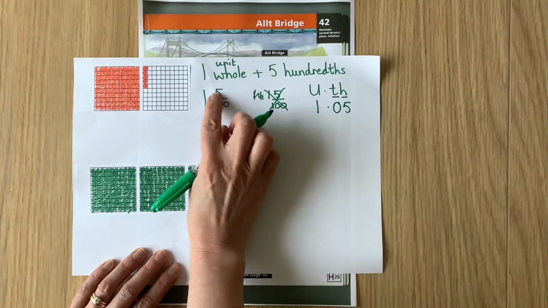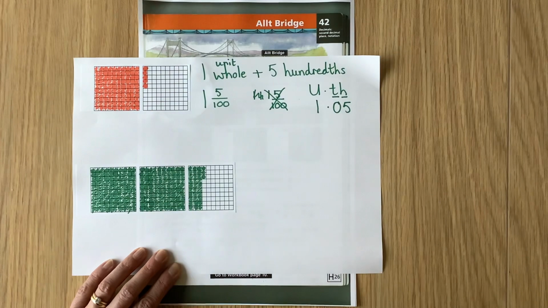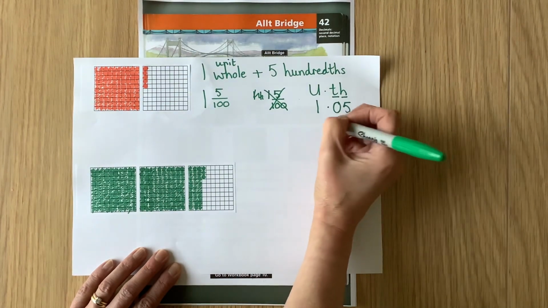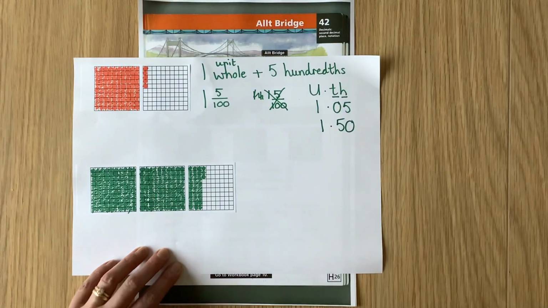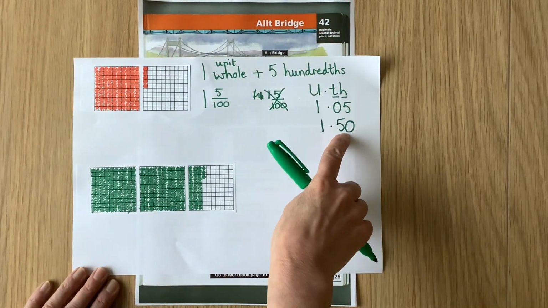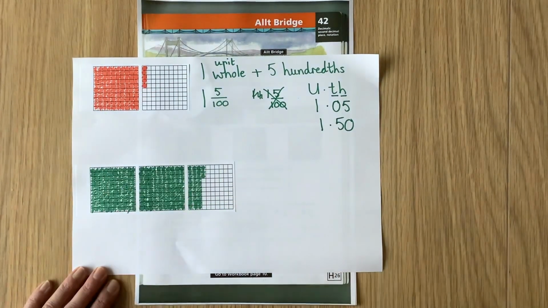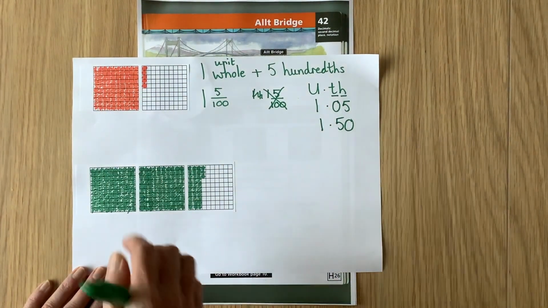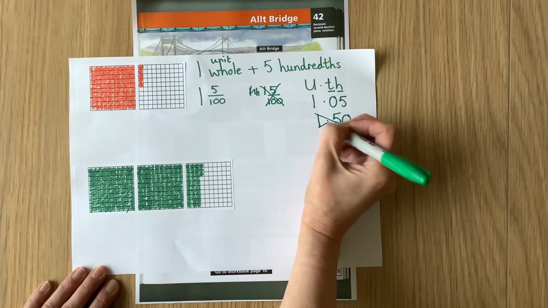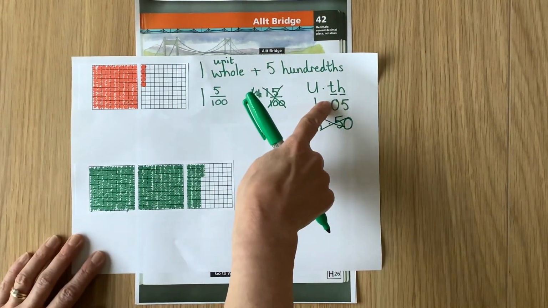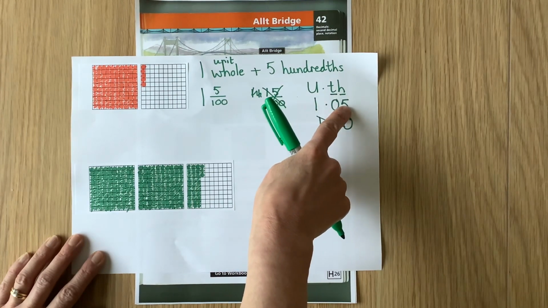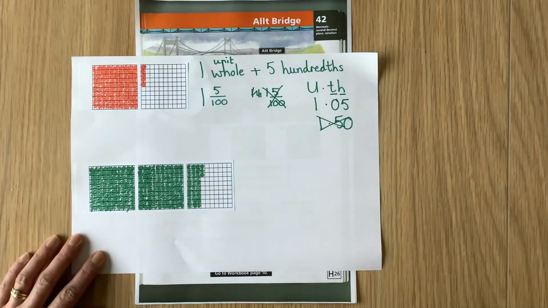It has to go in front of the 5, not after it. Because if I put it afterwards, by mistake, it would say 1.50. And that would mean that 50 of these squares were coloured in, not 5. So be really careful when you write down your decimals. If you need to, put in a 0 before the hundredths number if there's only 1 digit.